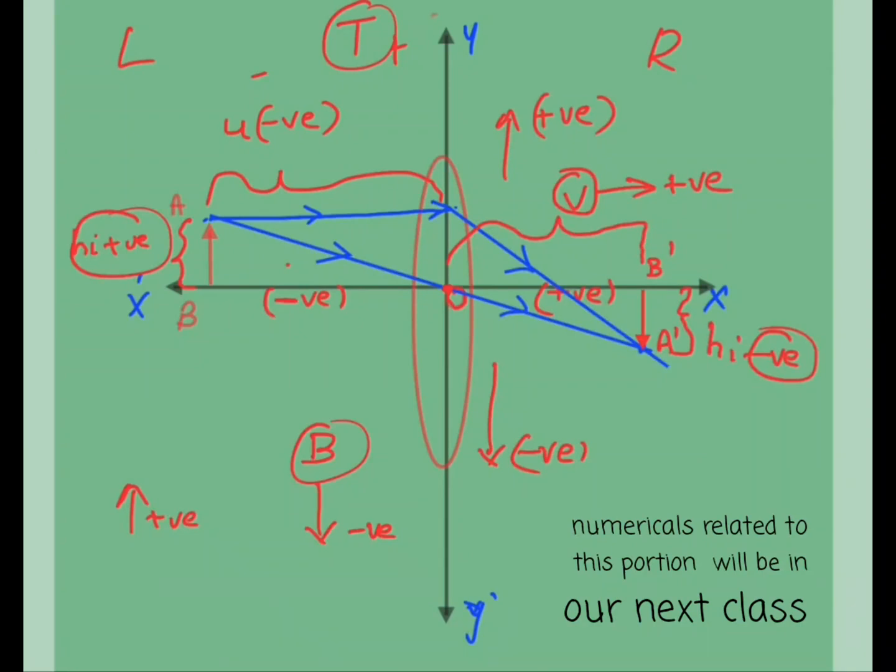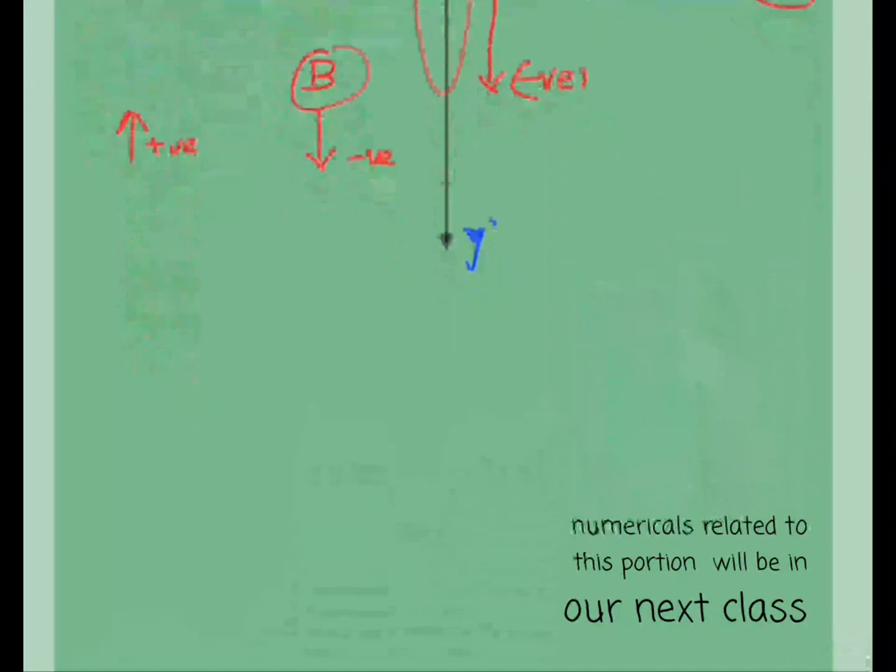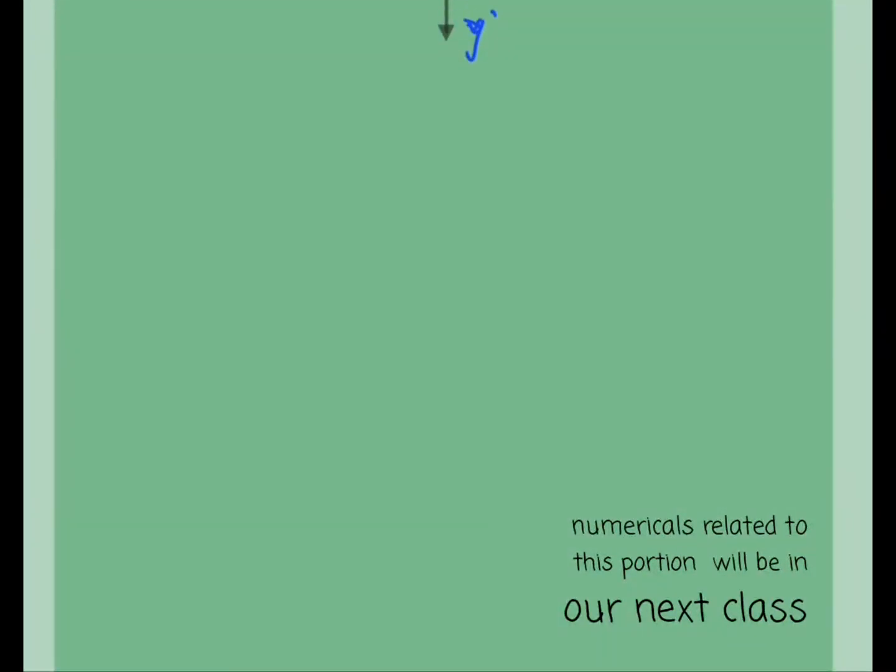Okay, now one more thing, this is the case of convex lens. So for the case of convex lens, the object distance, that is u, is always negative. We always take it as negative.